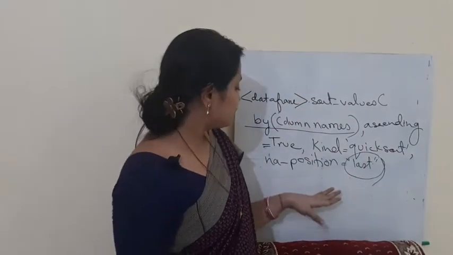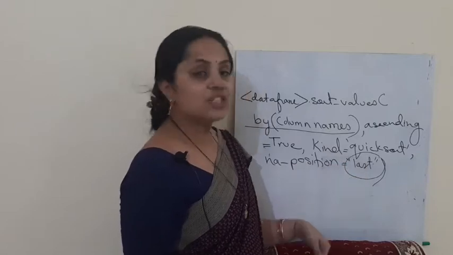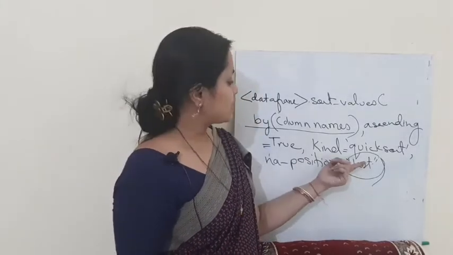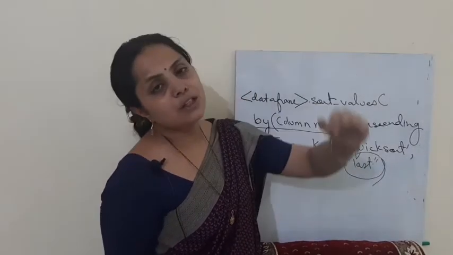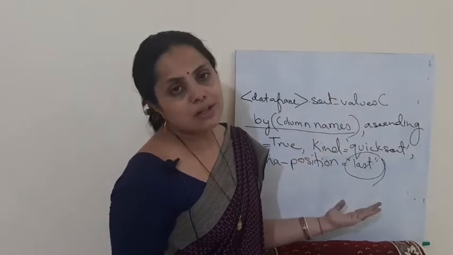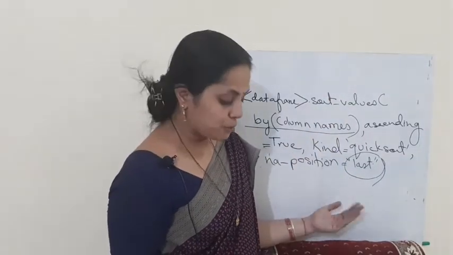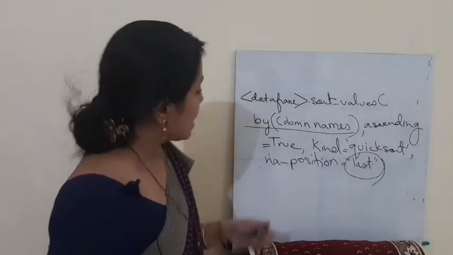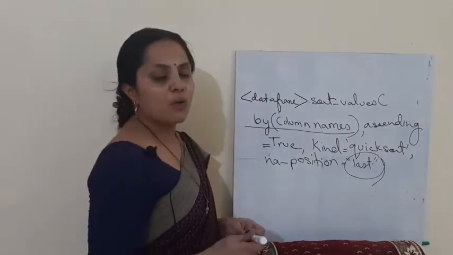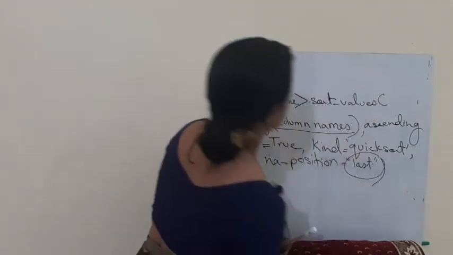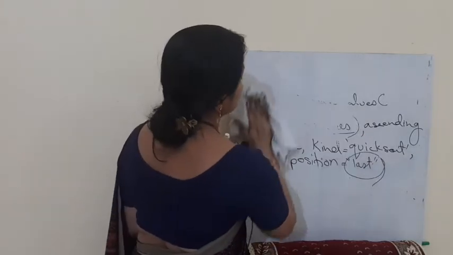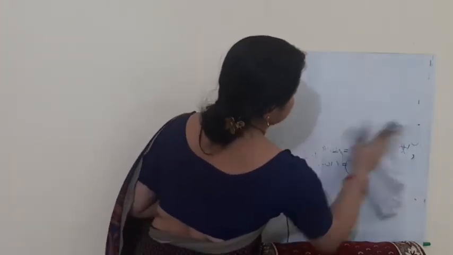But if I want, I can change it to first. If I put it first, all the null values will come first and then the sorted list will appear. I hope I have made myself clear, and this is how we sort in Python.